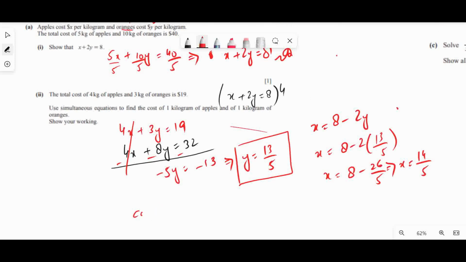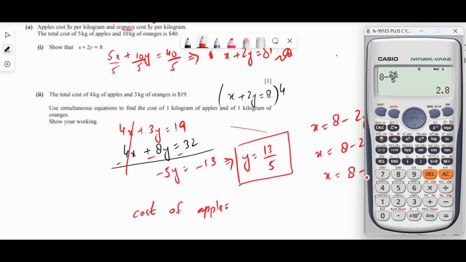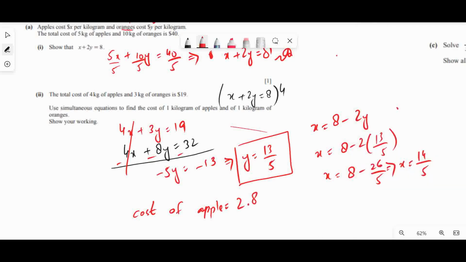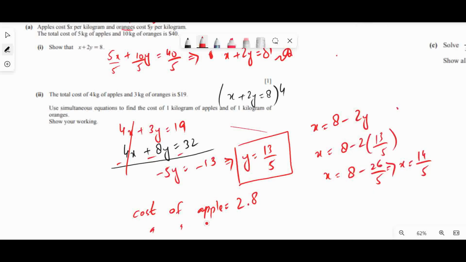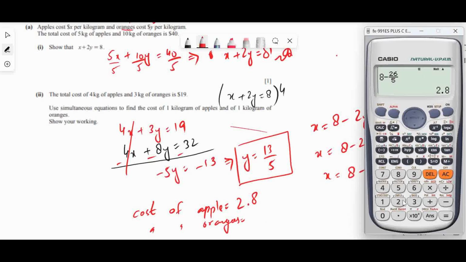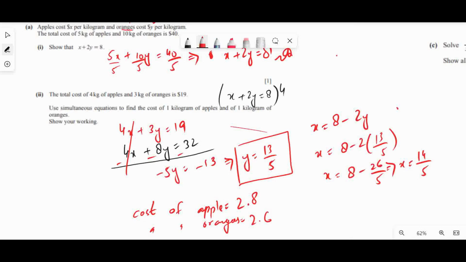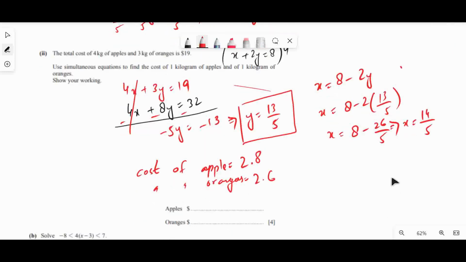So the cost of the apple was x, and we need to convert it into decimals, so this will be equal to 2.8. And the cost of oranges will be equal to 13 by 5, so 13 divided by 5 will be equal to 2.6. This will be the final answer.